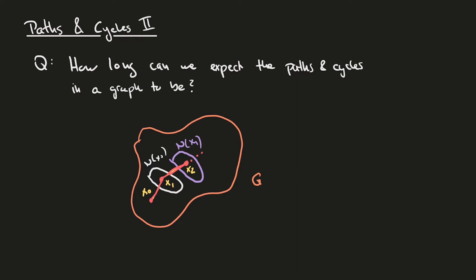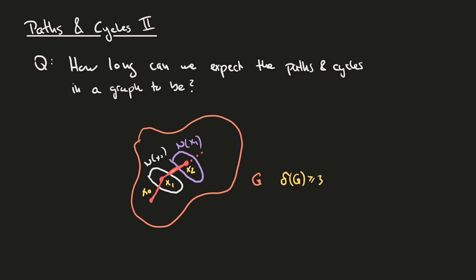For example, if we knew that each vertex in our graph G has at least 3 neighbors, and this translates to each vertex having degree at least 3, or in other words, the minimum degree of G is larger or equal than 3, then we could be sure that x0 has at least one neighbor, so we could extend the path to x1 from x0.